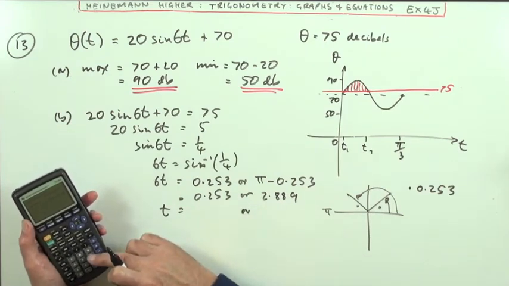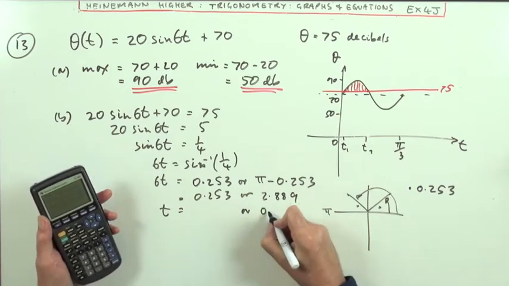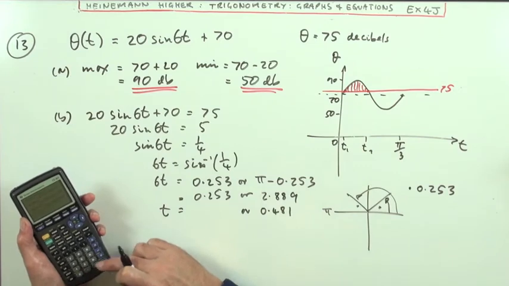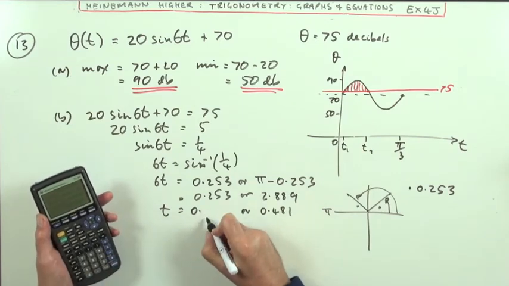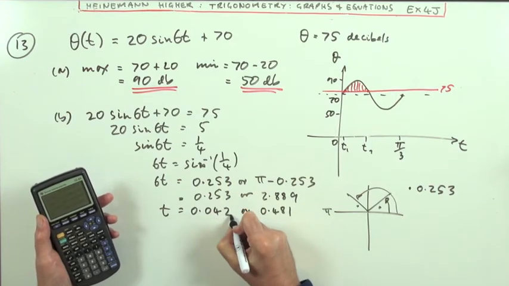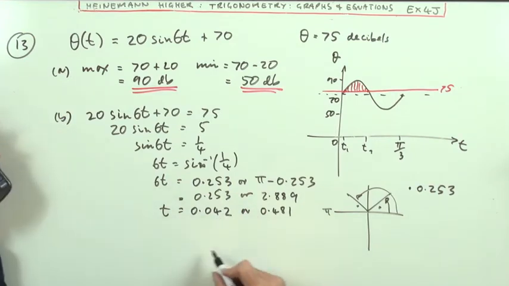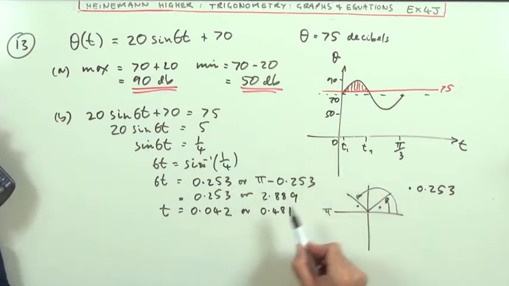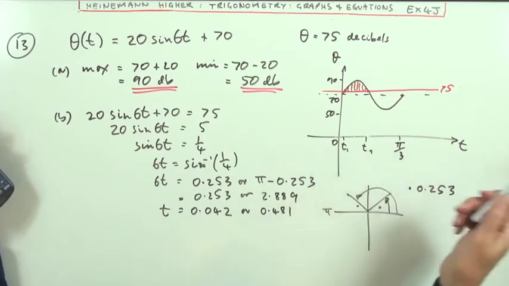So t is going to be dividing them. Divided by 6 is going to give me 0.481, since I've got that one already. There's some decimal inaccuracy coming in here. It's 0.042, will I just say, for that one. So those are the two times, but I'm not actually interested in the times as such, it's the difference between them. That's why I could have had all these in degrees, I suppose.